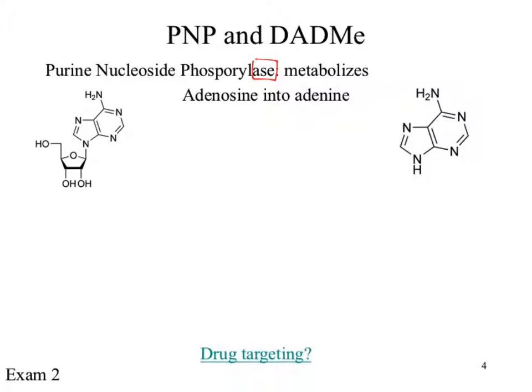Purine nucleosides. Okay, well, what is a purine nucleoside? Genetic information, study that, and let me know what it is at the end of the semester. Okay? This happens to be a structure of a purine nucleoside.